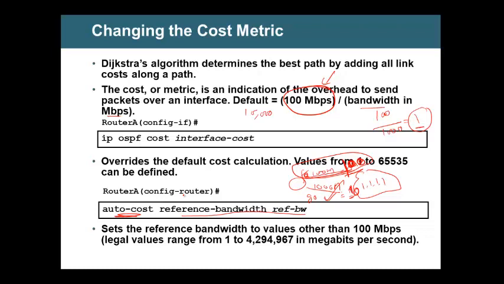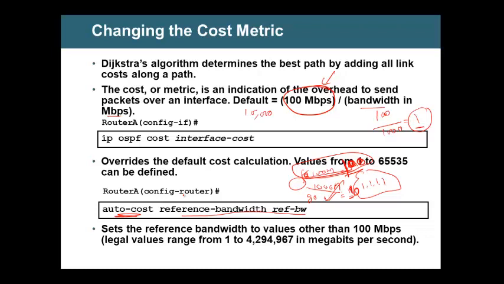The reference bandwidth you should increase because today in technology we have 1 gig, 10 gig links very easily found in the topologies. Even 100 gig links you can see in data center. 40 gig links you can see in data center. 10 gig links are also seen in data center.